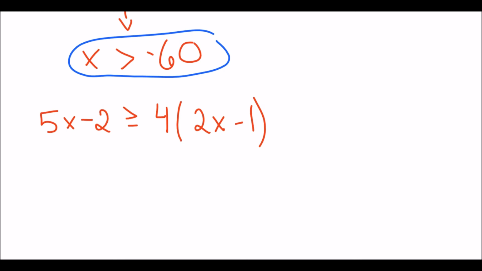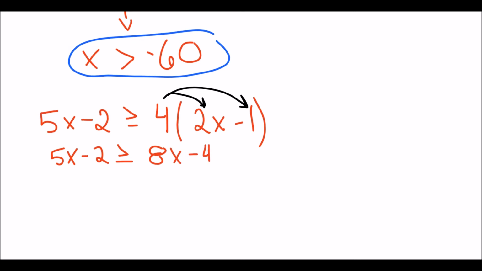If you don't remember it, go ahead and go back and review it. But all that it does, I'll give you a quick review right now, is we just distribute the 4 by multiplying each term in the parentheses. So let's go ahead and do that. We're just going to keep this side of the inequality the same for now. And that's just going to give us 8x minus 4. So we just multiplied 4 times 2x and 4 times negative 1.